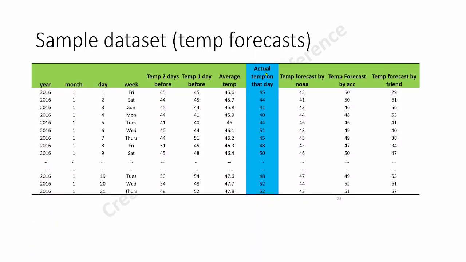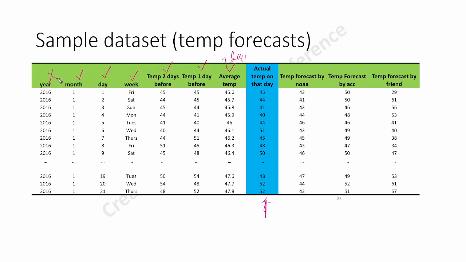For example, let's say the objective is to predict the temperature on a given day. Then what factors or attributes define the temperature on a particular day? That could be, let's say, the average temperature in the last 7 days, or the temperature one day before or 2 days before, or the current month and current day and the week, and probably the year.